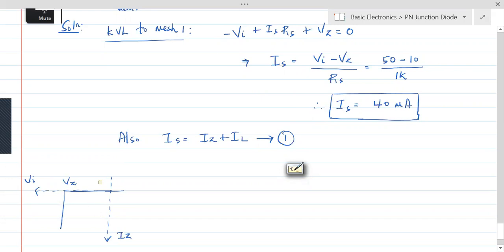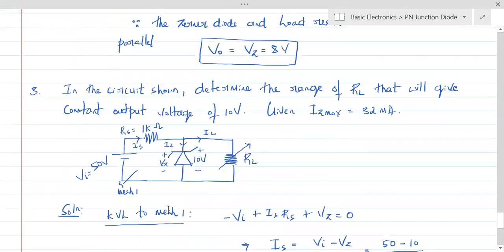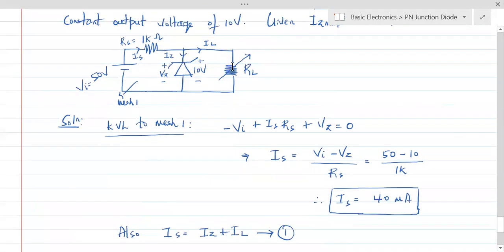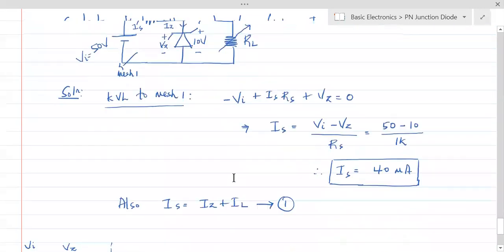Now we will have some current which is called Iz minimum, and we'll have some current which is called Iz max. You should see that your Zener diode always works in this particular range, so that your Iz is within Iz minimum and Iz max. Since we have to find out the range of RL over which the Zener diode voltage is 10 volts, what we have to do is this.